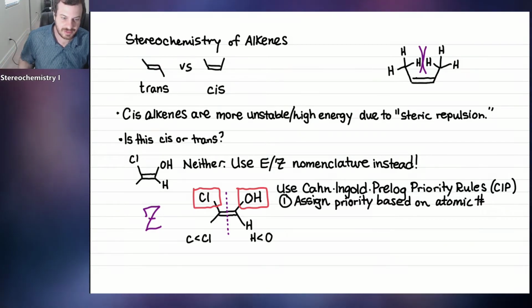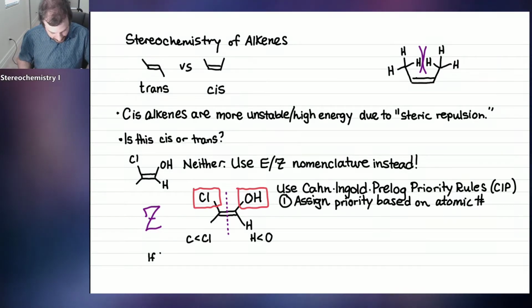Z, which is standing for the German word zusammen. I'm probably butchering that. I hope someone here speaks German. But zusammen is the German word for together. So here's how it works.